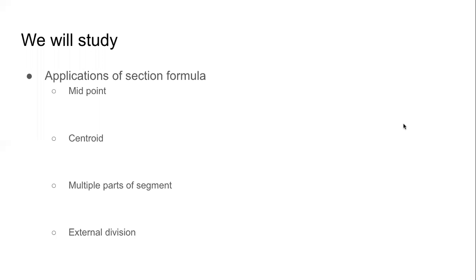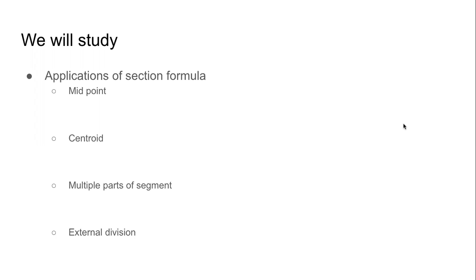This is what we are going to study today: applications of the section formula. We know what the section formula is. Using the section formula, we can find the coordinates of a point which divides a given line segment in a given ratio.